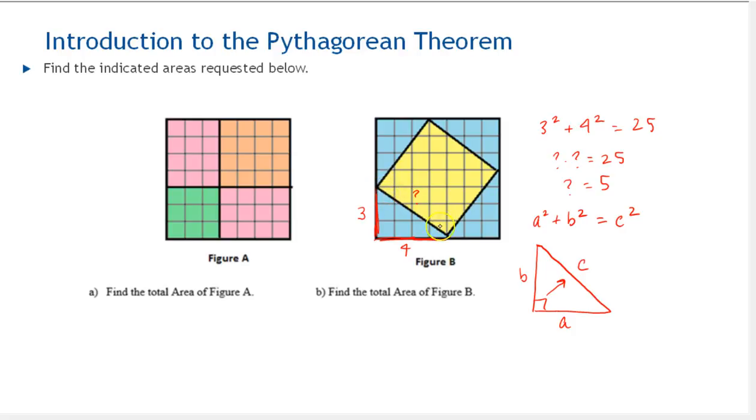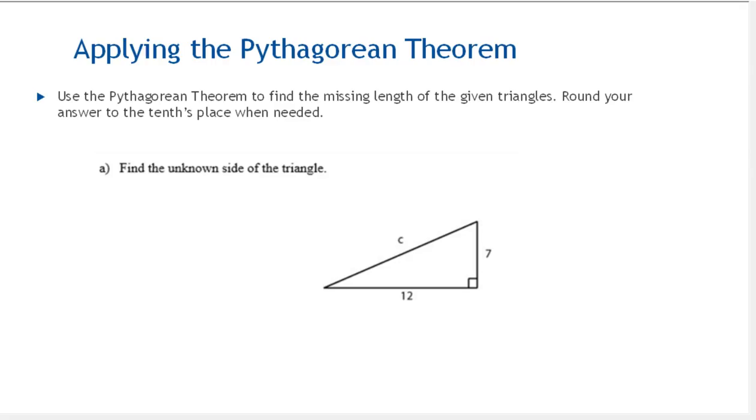We found this length, this missing side, by squaring 3, squaring 4, and finding the result. And then we didn't call it this at the time, but we took the square root of 25 to get 5. Now we're going to use this to solve application problems, and we're going to use derivations of this formula.